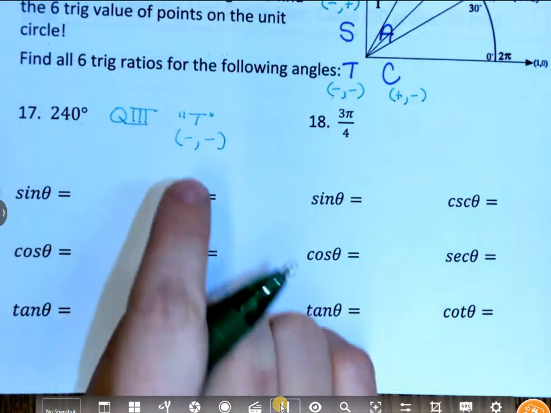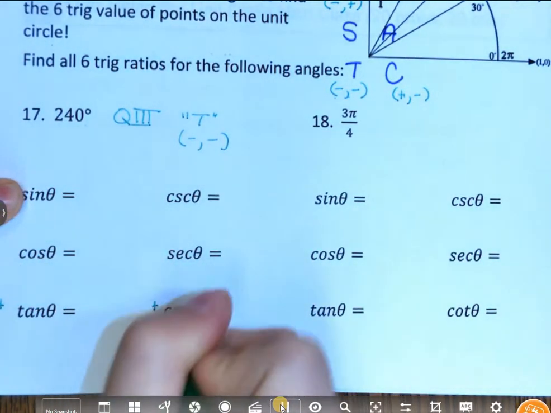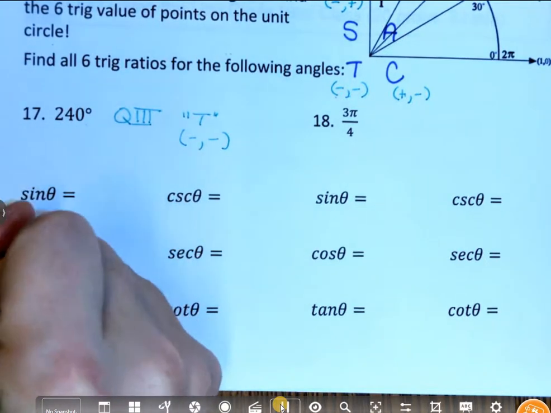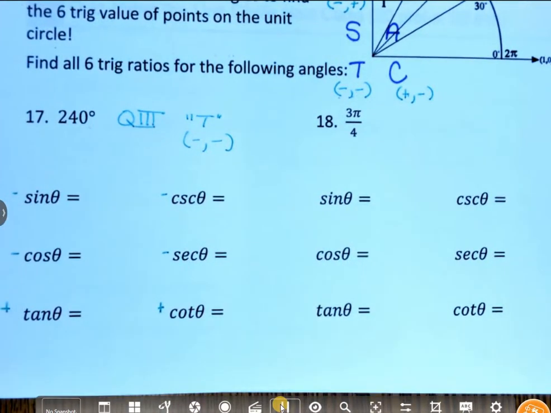So that means only the tangent and its reciprocal will be positive. Everything else is going to be negative. You with me so far? Yes. For the sine, cosine, tangent, no. Tangent can have a range beyond -1 to 1, but sine and cosine cannot. We'll talk about that when we get to graphing these things. Yes, we're going to be graphing these things.